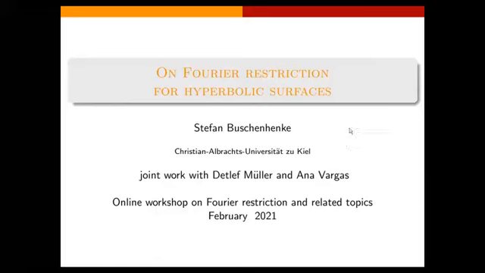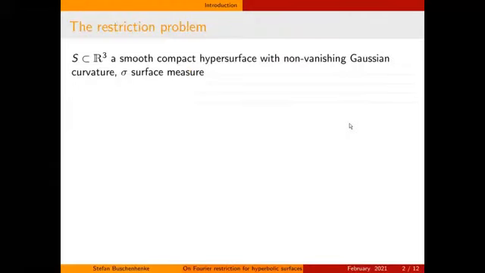Since this is a restriction workshop, I can be brief on the restriction problem. We start with a smooth compact hypersurface. We assume it has non-vanishing Gaussian curvature, and sigma will denote the surface measure.